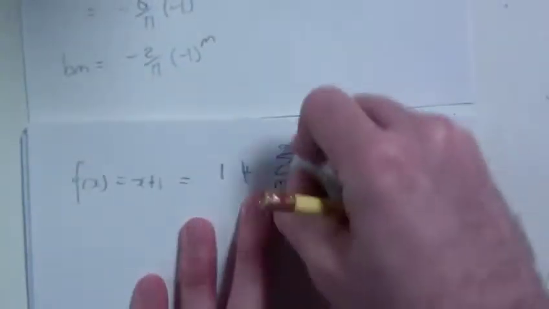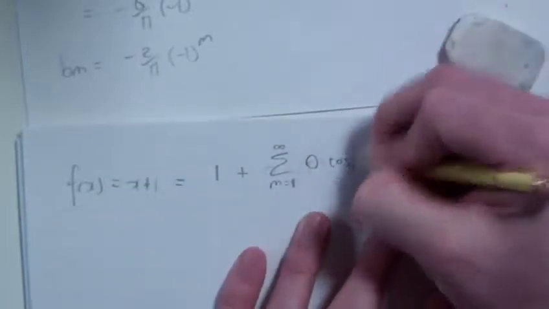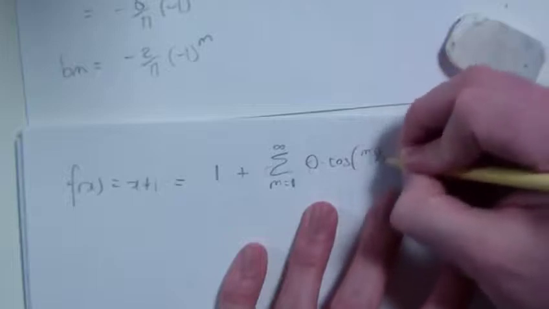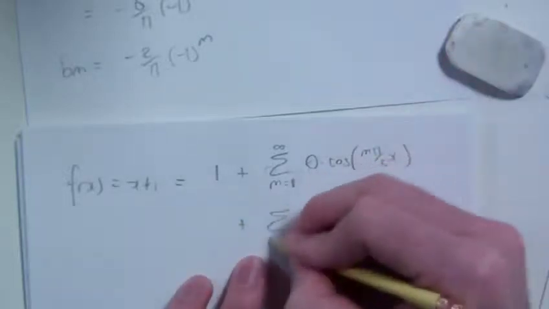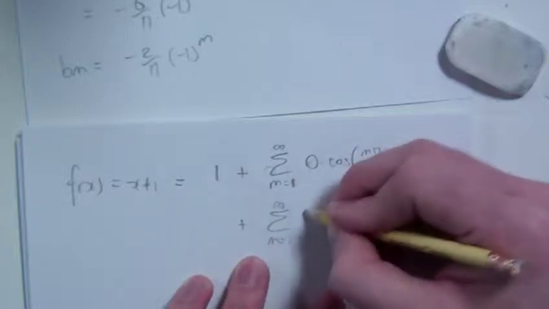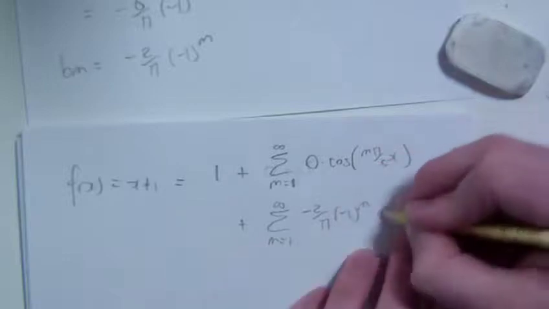One to infinity, sorry. 0 cos, like that. And then my sines were minus 2 on pi, minus 1 to the m sine.